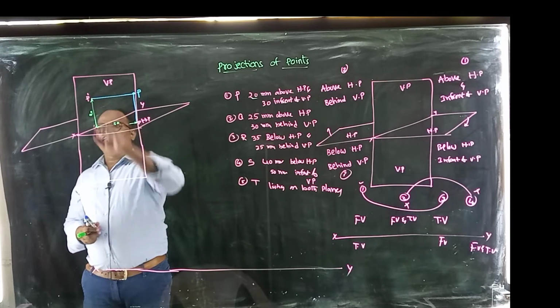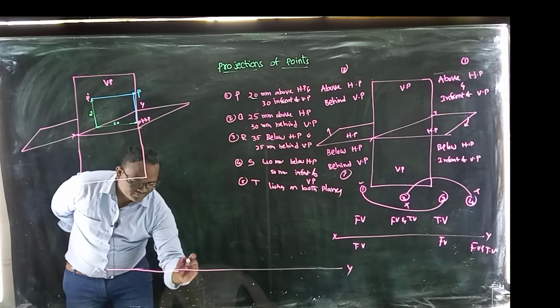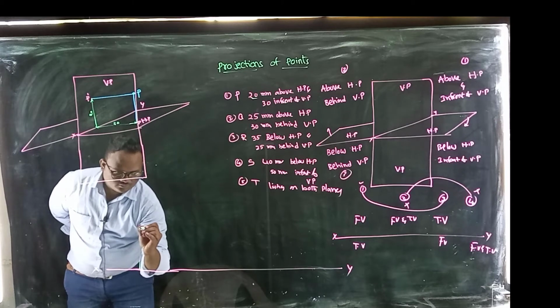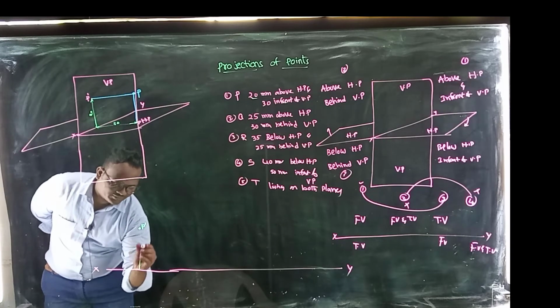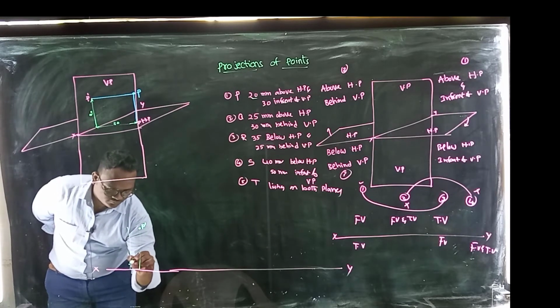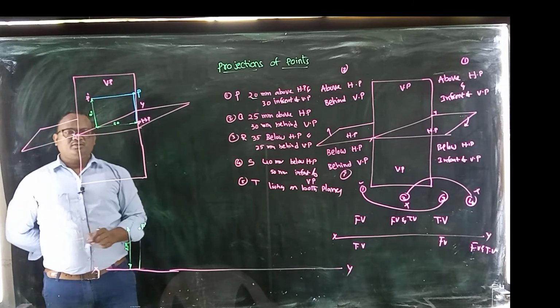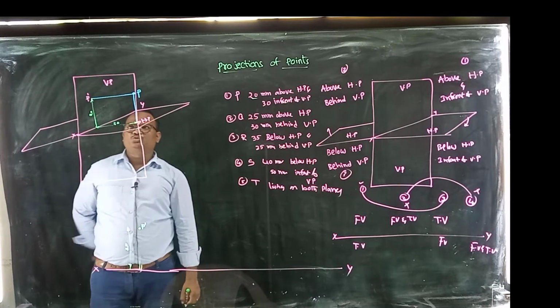So first of all, on the XY line, 20 mm above, mark the point, that is P dash. Here to here, what is the value? 20 mm. So only the point should be dark. Why? Because that is the only output.